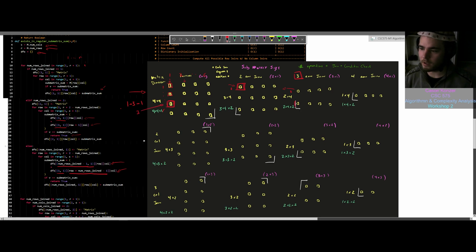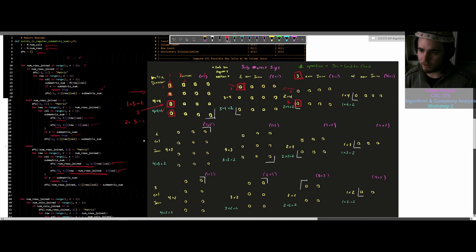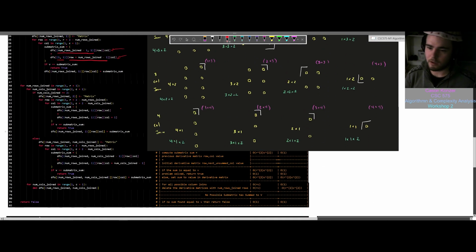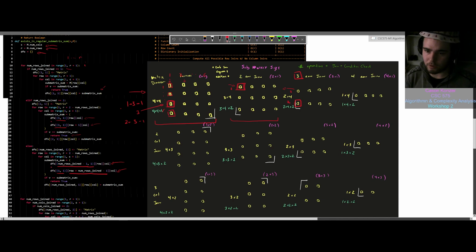If we were in the other case, here the number of rows joined is still 3, but now the row that we're on is 2. So it's 2 plus 3 minus 1, and so we'll look at index 4. We then say for each of these, what I call base derivative matrices, do column-wise joins. It's basically the same, but you don't need to do this initial case where you join only 1 column.